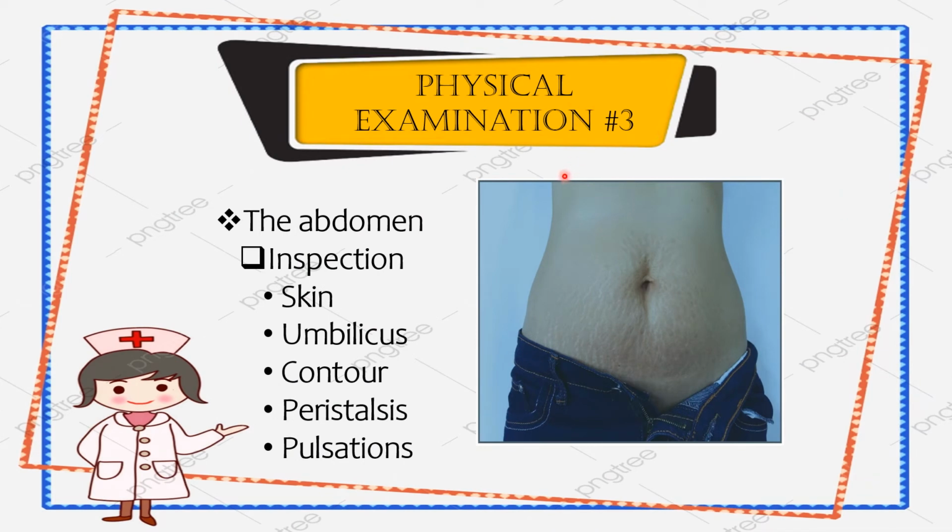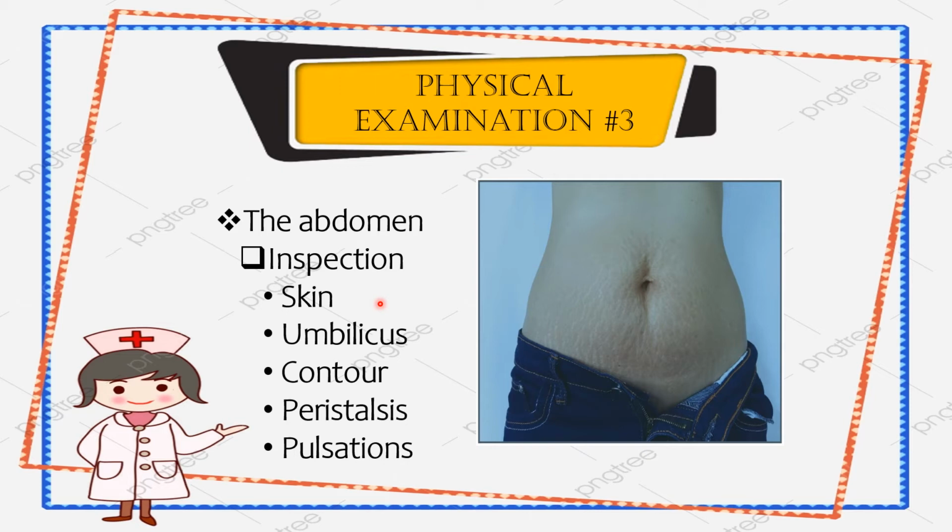Okay. During the skin assessment, you have to take note of the following. In doing the physical examination of the abdomen, we have the cardinal techniques. We have to start with inspection first. For the skin, you have to take note of the scars. You have to describe or diagram the location of the striae.